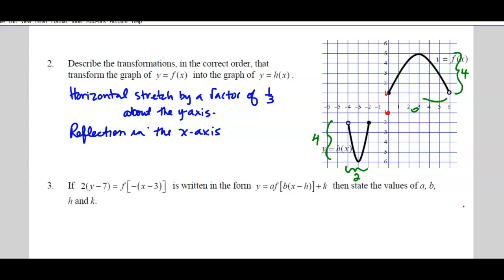The vertex x value is 3, multiplied by 1/3 is 1. Reflect that in the x-axis is -5. This point here is an open circle. So 6 times 1/3 is 2. The y value of 1 needs to be reflected, so this is going to be an open circle.